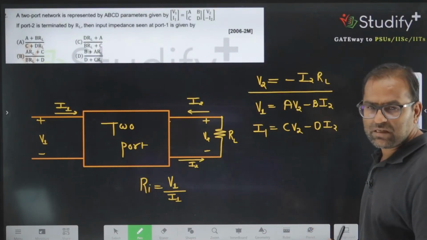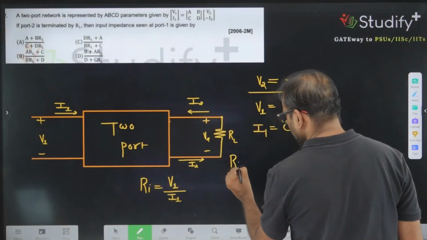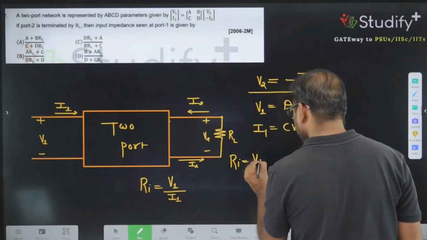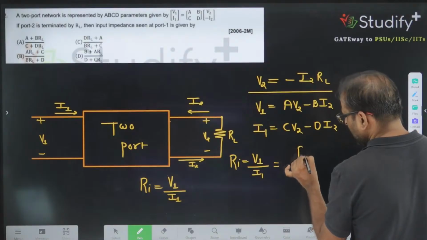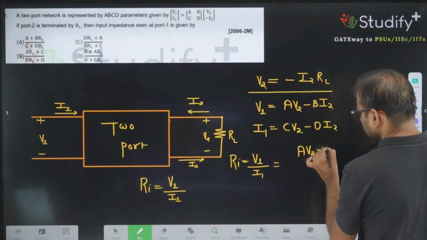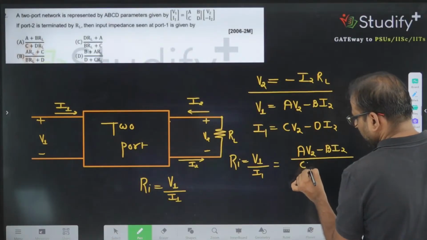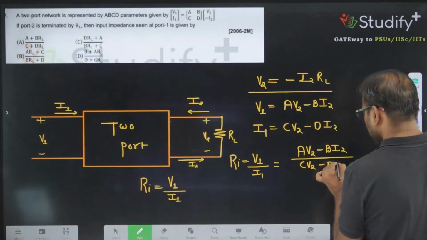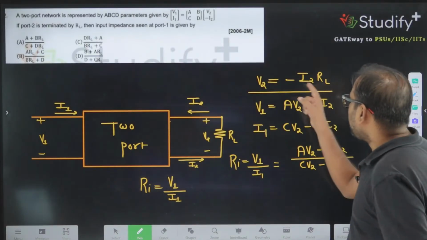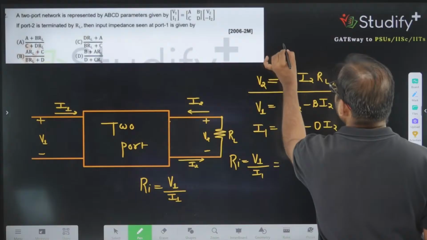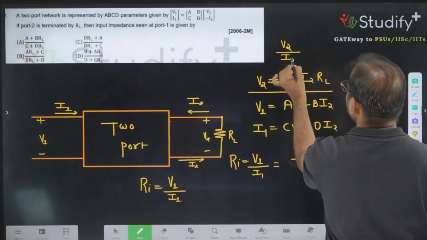I am interested in the input resistance, means I am interested in this Ri, which is ratio of V1 divided by I1, and V1 divided by I1 ratio is AV2 minus BI2 divided by CV2 minus DI2. Now if I take V2 divided by I2 ratio, the V2 divided by I2 ratio is what? Minus RL.